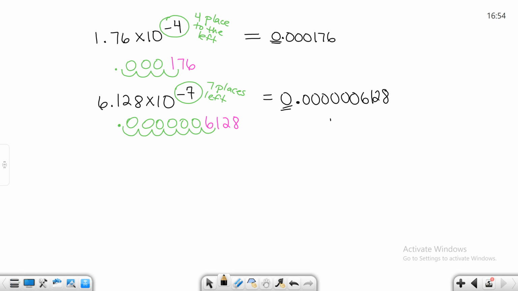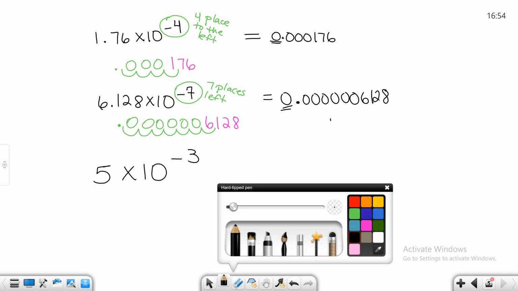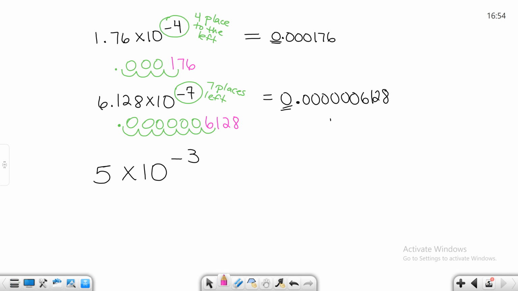I'm going to do one more example. So I have to think back, wait a minute, this doesn't have a decimal. So where is the decimal? Well, remember that 5 is a whole number. So 5 has a hidden decimal after it.